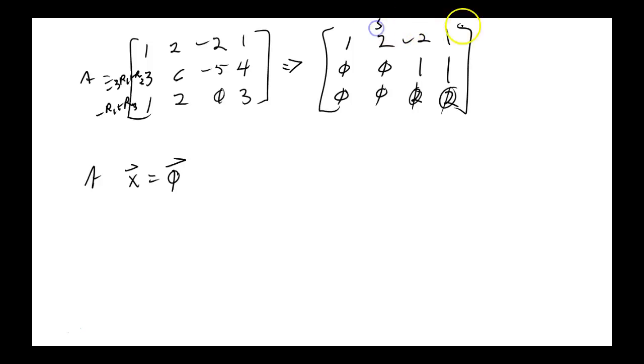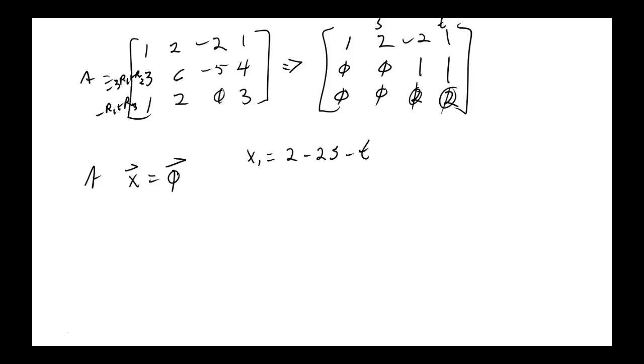If we let this be s and this t, is that what they did? I think it is. So x1 is equal to 2 minus 2s minus t.